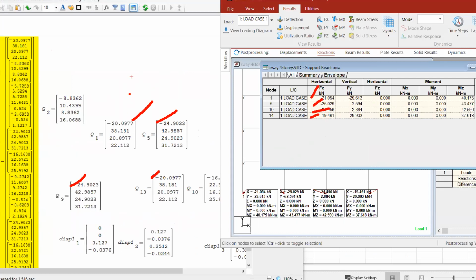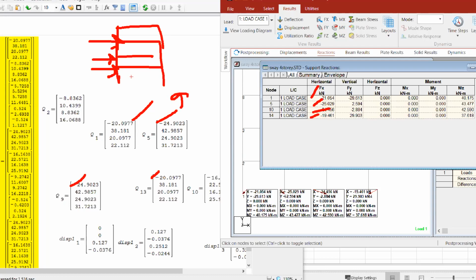Okay, and that should sum up to the horizontal load we applied, right? What are the loads we applied? 40, 20, and 30, right? So that will be 90 kilonewtons. So 20 plus 25, 45. Plus, yeah, 45 times 2 is 90 kilonewtons. So the same. Okay, makes sense.